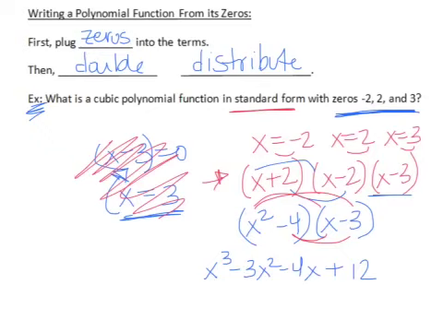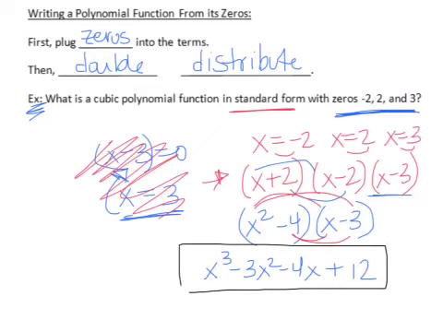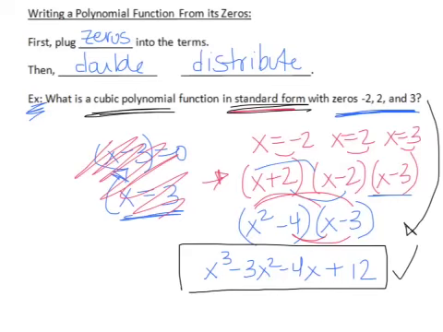In this polynomial here, there are no like terms, so there's nothing to combine. And this is my cubic polynomial in standard form. There's my answer. So like I said, we worked backwards. It gave us the zeros, and we went back and we wrote what the polynomial was.